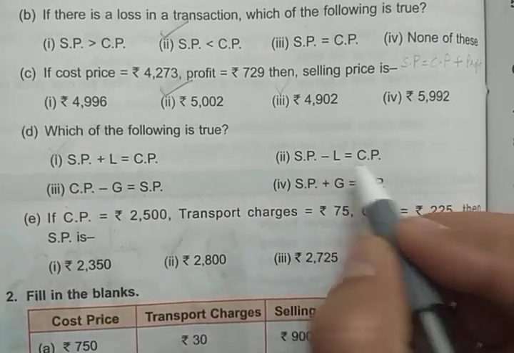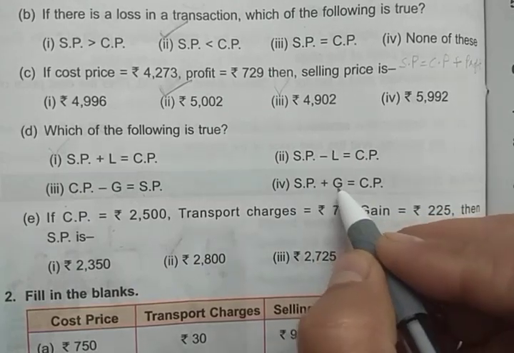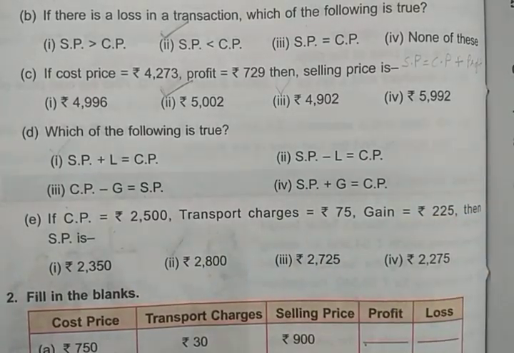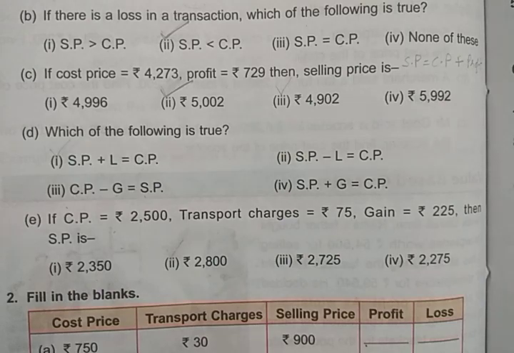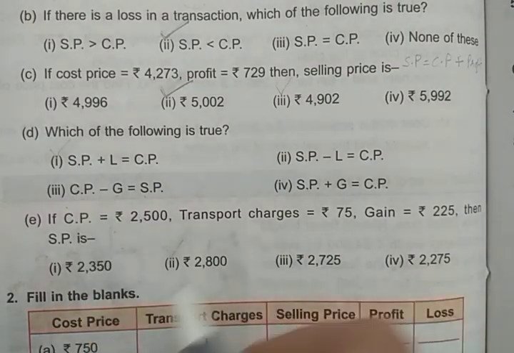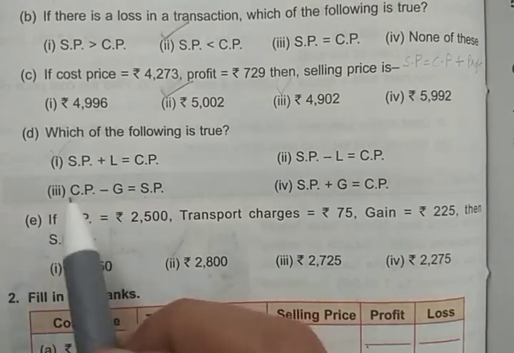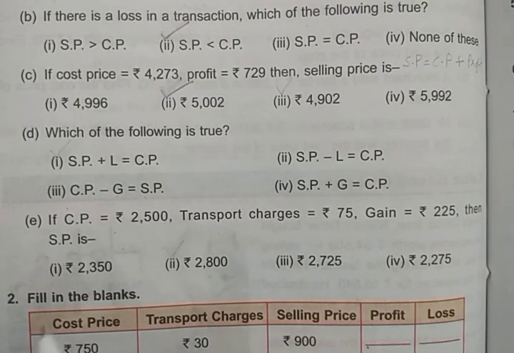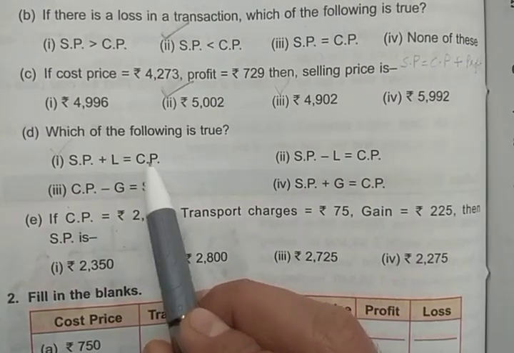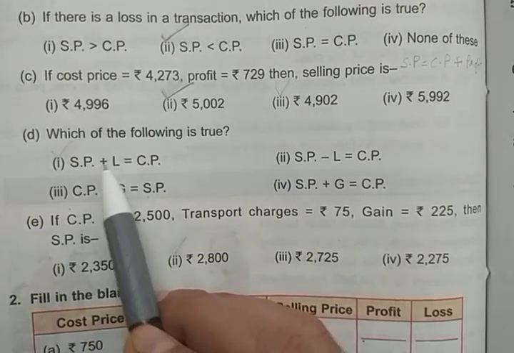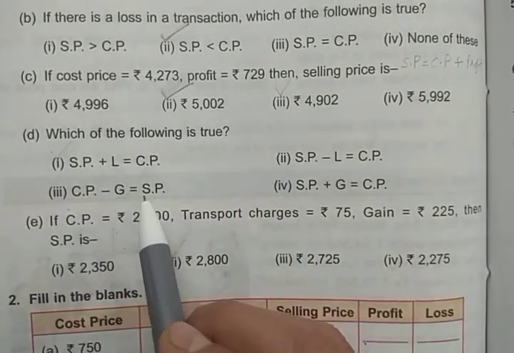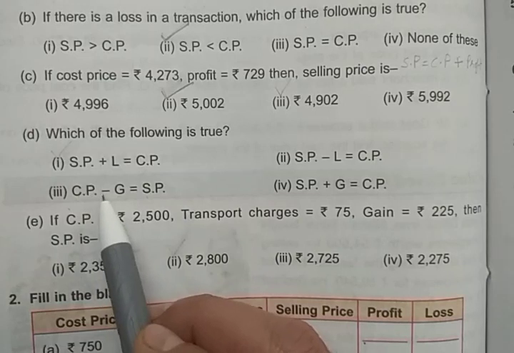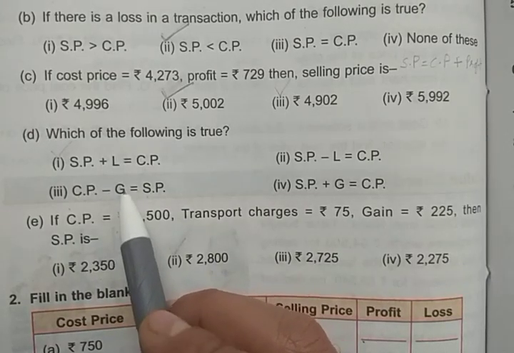Selling price minus loss is equal to cost price, and selling price plus gain is equal to cost price. So you know the formula. So which of these is true? Here cost price is equal to selling price plus loss. This is correct. And selling price is equal to cost price minus gain. So it is wrong here.